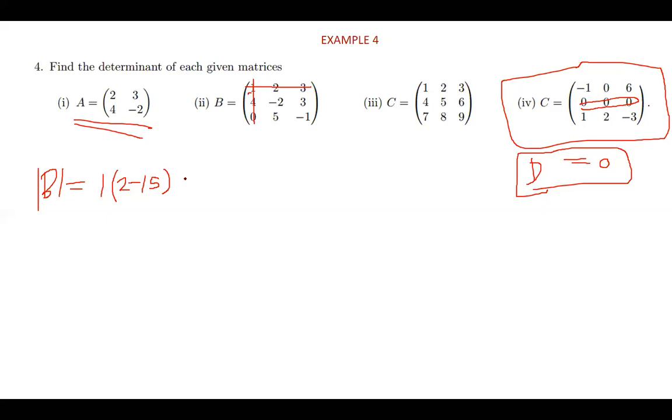So we proceed. We move on to 2. When getting this 2, remember the matrix of cofactors: it goes positive, negative, positive, negative, positive, negative. So this 2 has a negative, meaning instead of picking just 2, we pick -2.